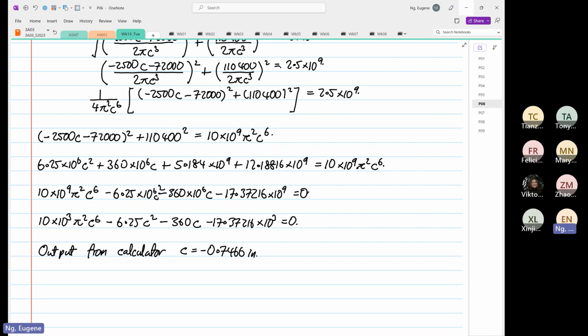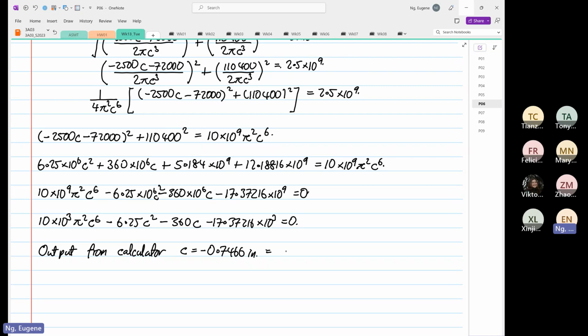Now, in the test, I only allow you to use a calculator. Whatever the calculator says, I will accept it. But in real life, this has to be a positive value. You cannot use the calculator, you need a computer. But there's no computer in your exam room. So I allow you to use the negative value.